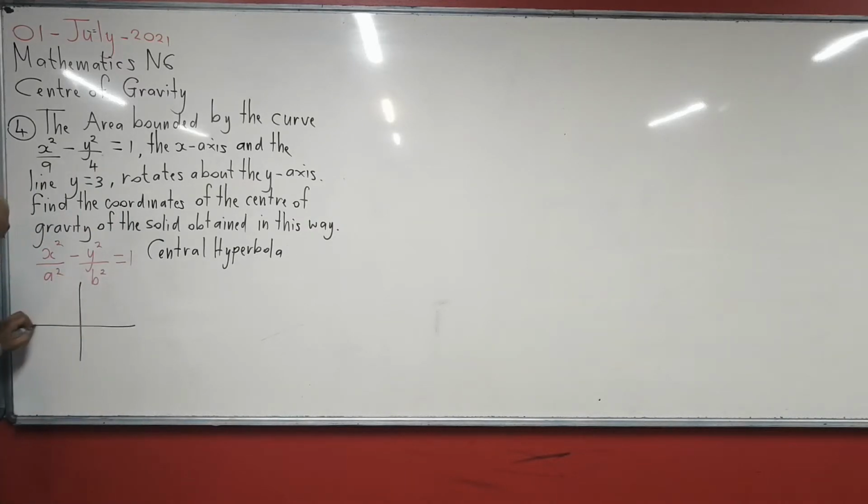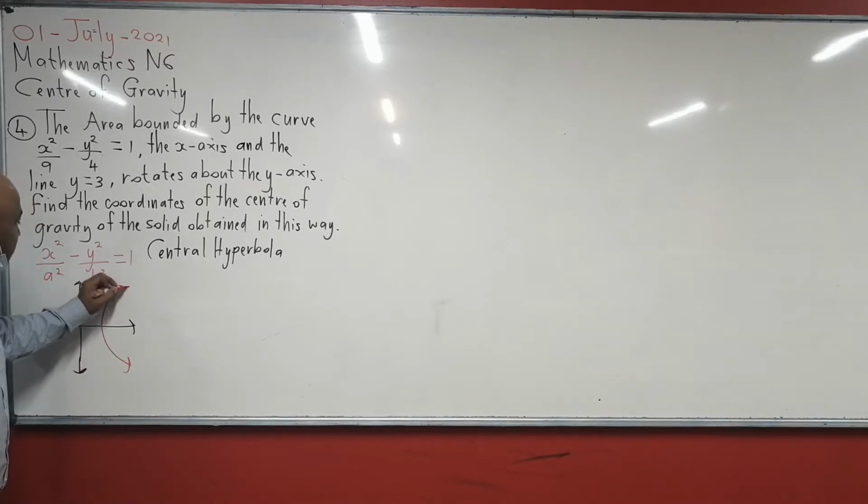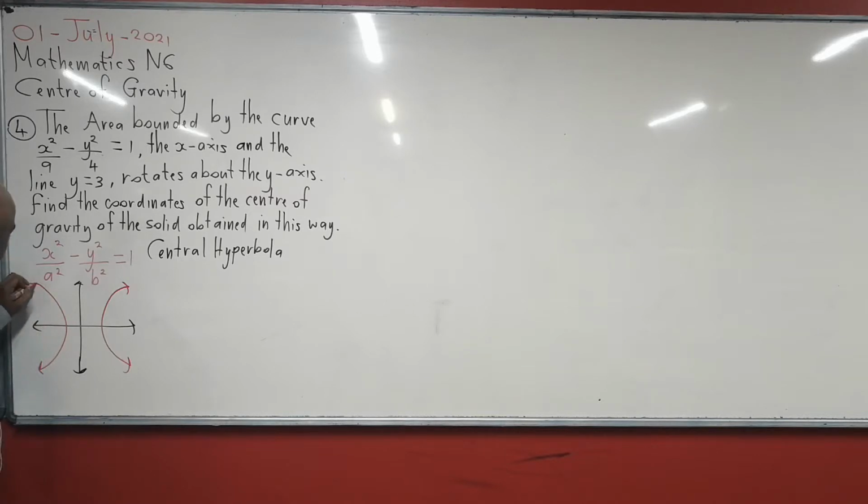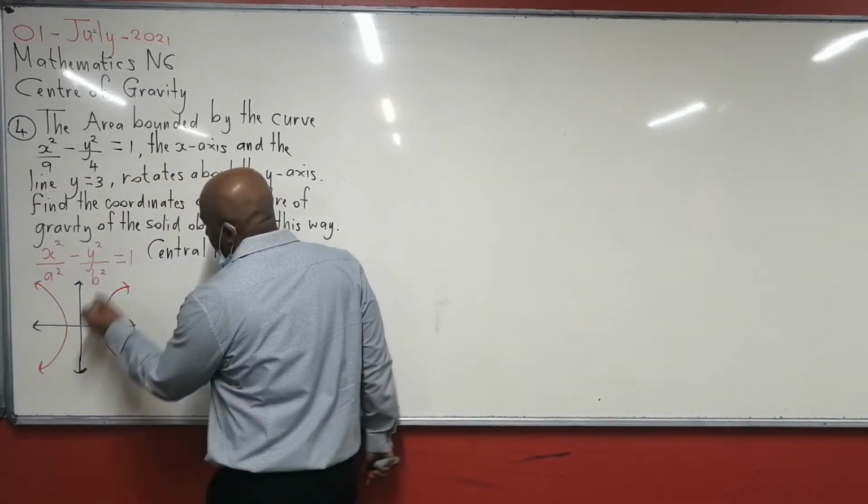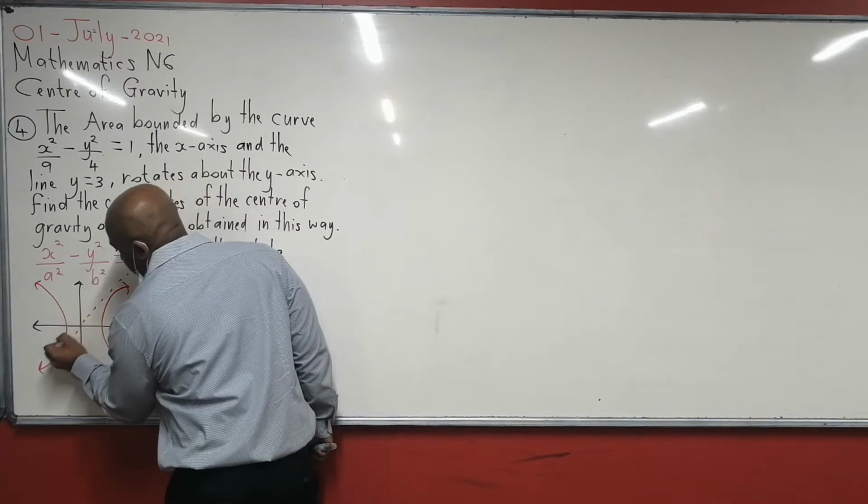So how does this look? Your central hyperbola basically has one branch on the right, another branch on the left, and you have these asymptotes here.